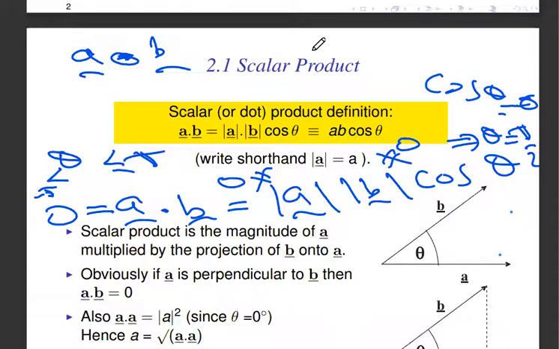Here, which angle should we substitute for theta? Let's assume theta is the angle between A and B. Let's assume this angle is known, right?